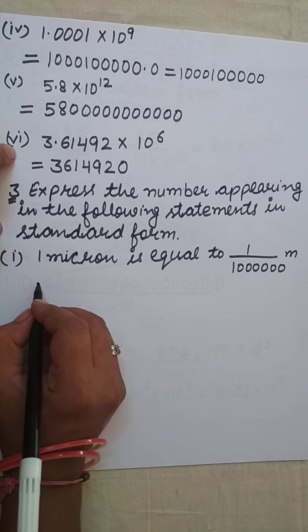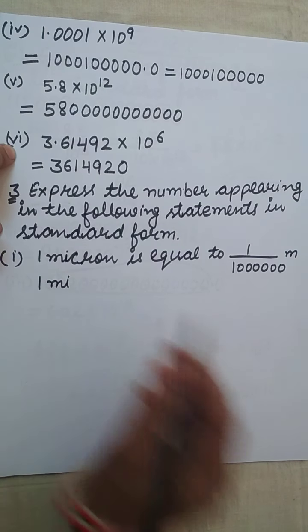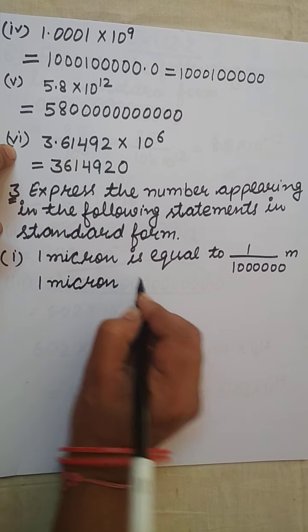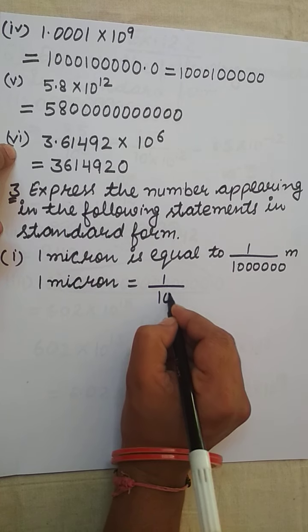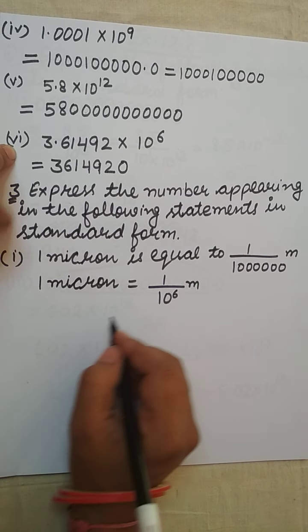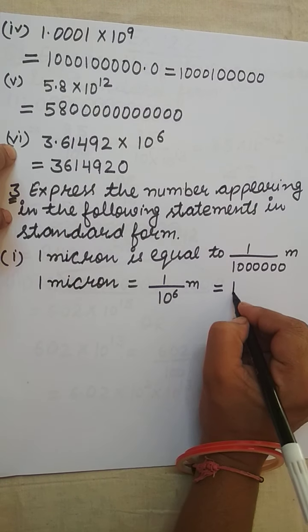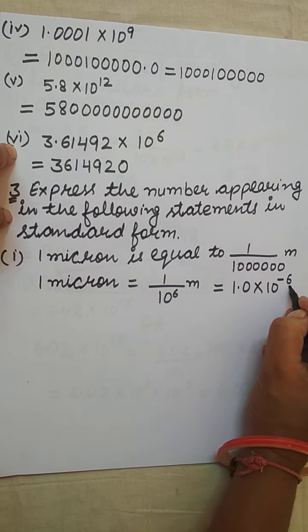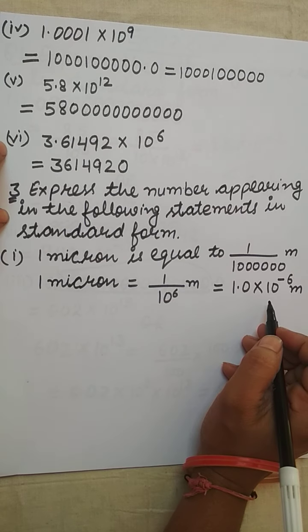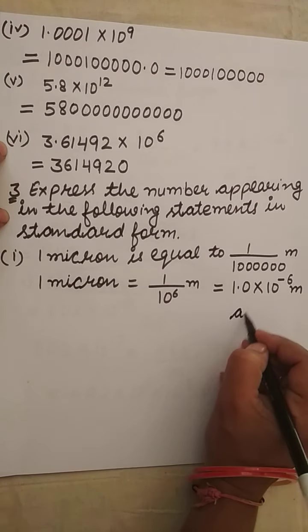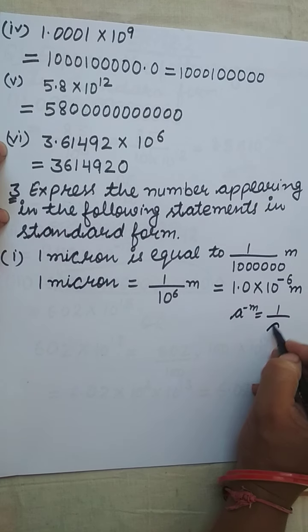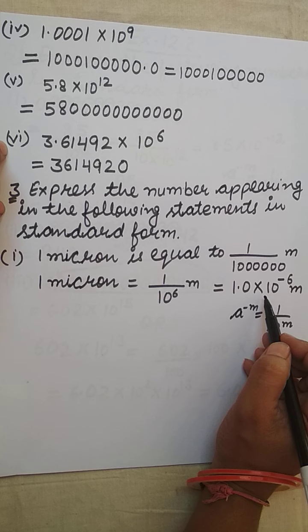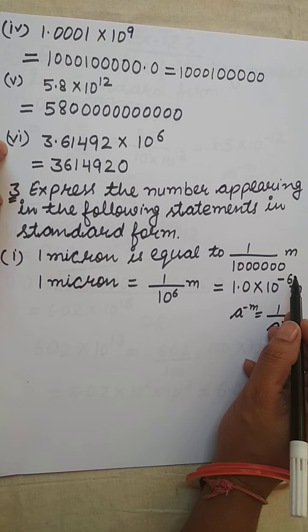Now we can write it as 1 micron is equal to 1 upon 10 raised to power 6 meter, which can be further equal to 1.0 into 10 raised to power minus 6 meter, which is the required answer. As we know that a raised to power minus m is equal to 1 upon a raised to power m, so this 1 upon 10 raised to power 6 can be written as 10 raised to power minus 6 in the numerator.